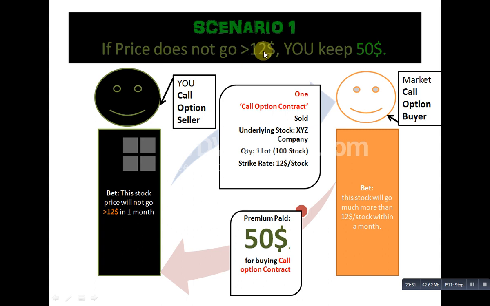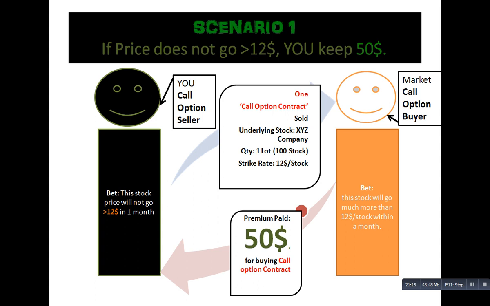What happens in this case is that the $50 which was paid to you as a premium, you keep that premium. Why? Because as the price is under $12, there is no reason for this orange person to call upon you to sell the stock at $12, right?